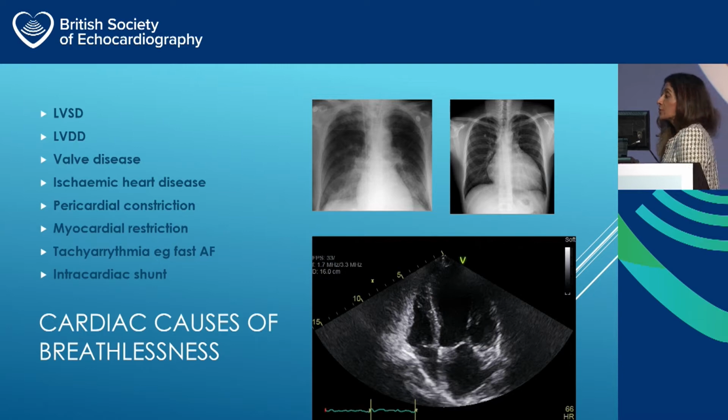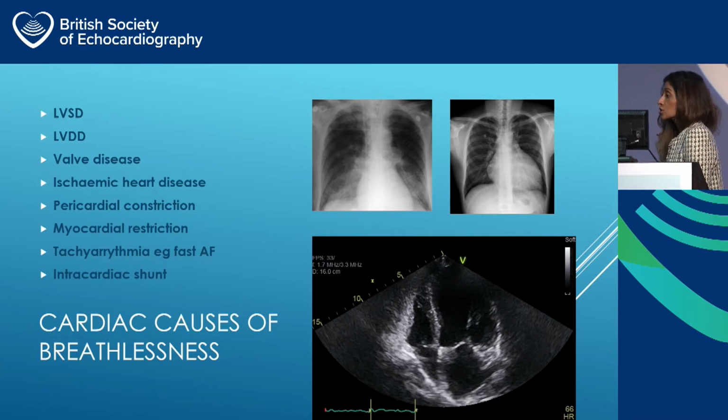So tachyarrhythmias cause breathlessness by causing the heart to be very inefficient. The very short diastolic interval means that cardiac filling is reduced and therefore, again, back pressure to the lungs and beyond. And if it's chronic, you will eventually get left ventricular failure or tachycardia-induced cardiomyopathy. Similarly, restriction causes the heart to be contained in a box which doesn't stretch and therefore you get reduced filling.